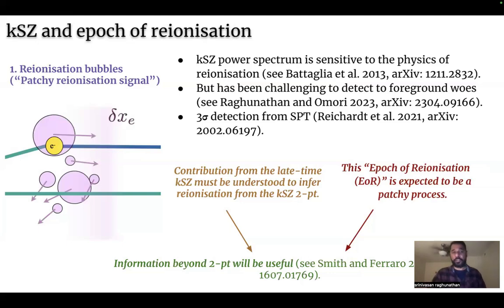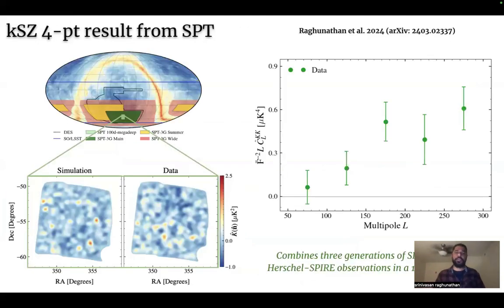Okay, so that is the motivation. And then we tried to do this recently with SPT. Here I'm showing the footprint from different SPT surveys. The one that we have to concentrate on is this little green box, which is only a 100 square degree region. The reason we chose this region is because it has a very good overlap with the Herschel experiment.